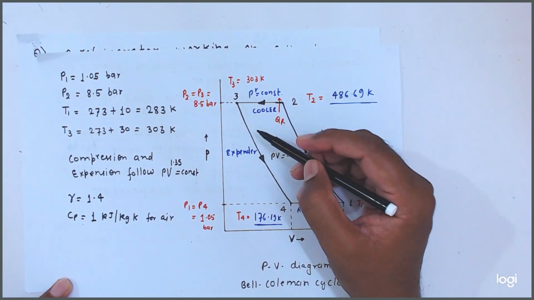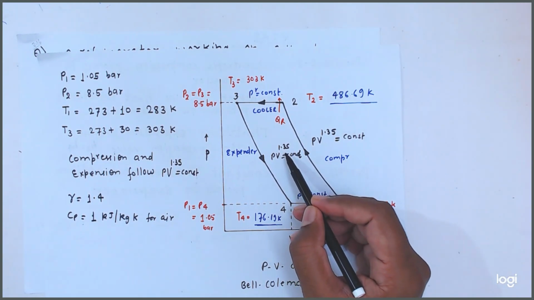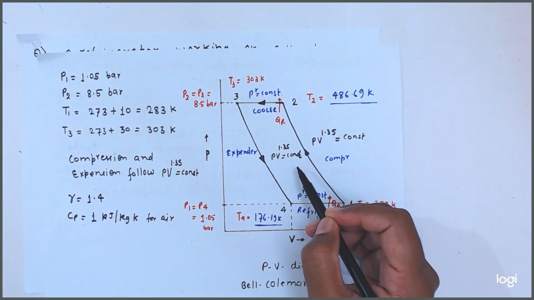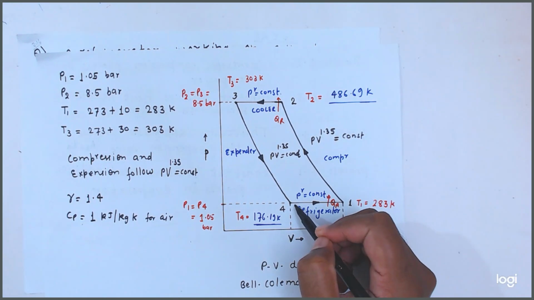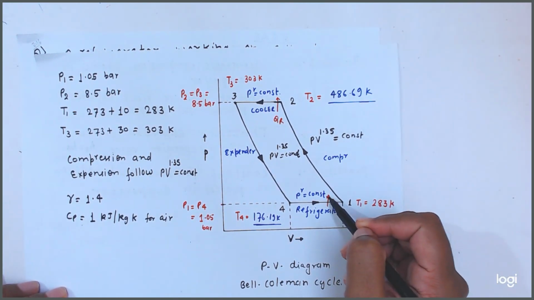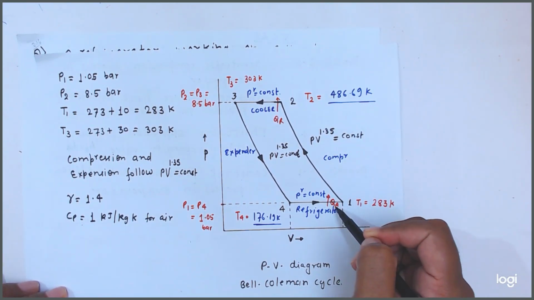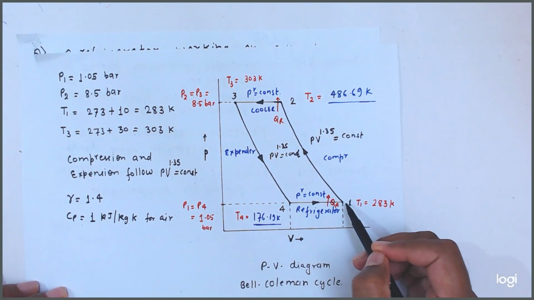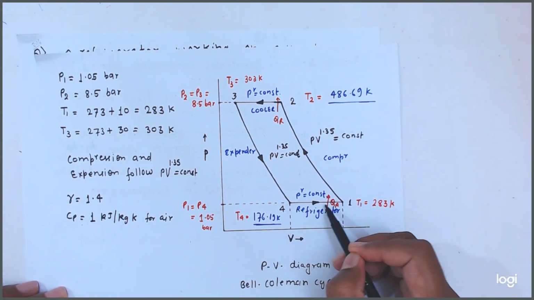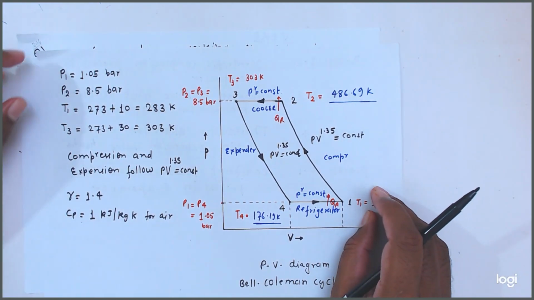This is also following the law PV to the power 1.35 equal to constant. Then it will pass through the refrigerator, where it will gain heat, or absorb heat, in this process. This is also a constant pressure process. Now the data has been given here.